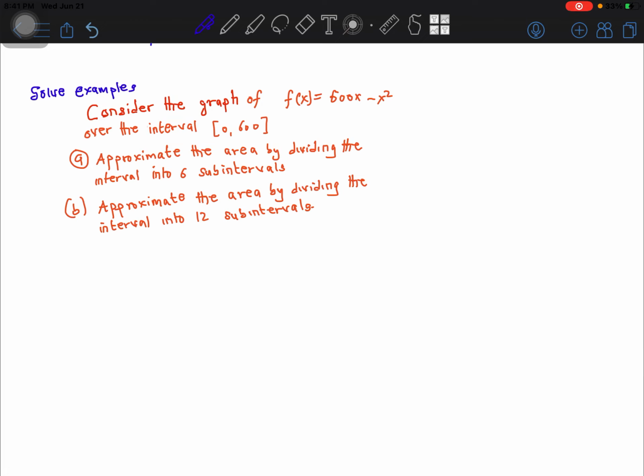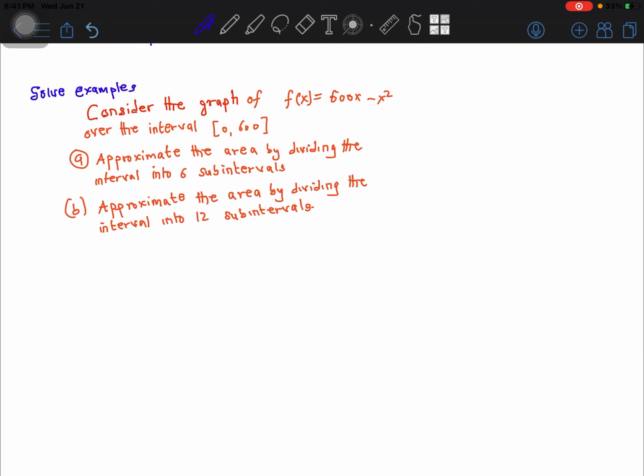So the result you get with 30 intervals will be more accurate, closer to the true value, than that of 10 intervals. And the result for 50 intervals will be more accurate than the one for 30 intervals, right? So the accuracy of the Riemann summation depends on the number of rectangles that you use.